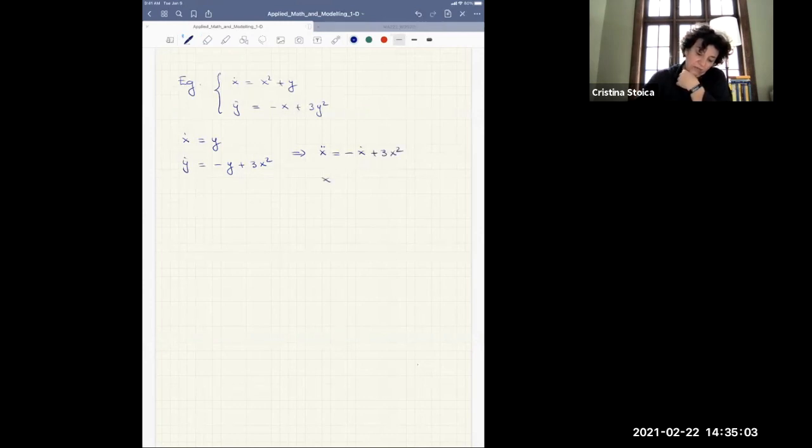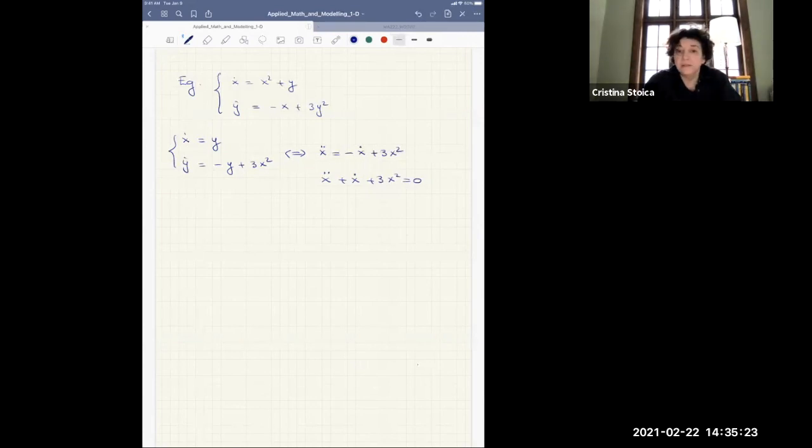So x double dot plus x dot plus 3x squared equals 0. There is no particular recipe to solve such things. So this is equivalent to that. There just isn't.